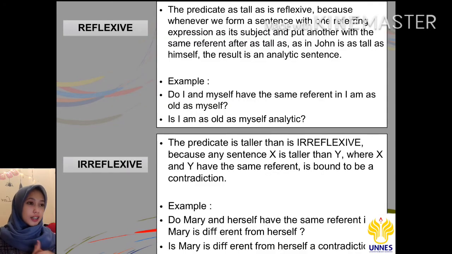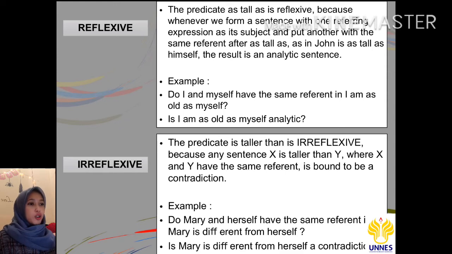And next, about reflexive. A predicate is reflexive because whenever we form a sentence with one referring expression as subject and put another with the same referent after it, such as himself, the result is an analytic sentence.